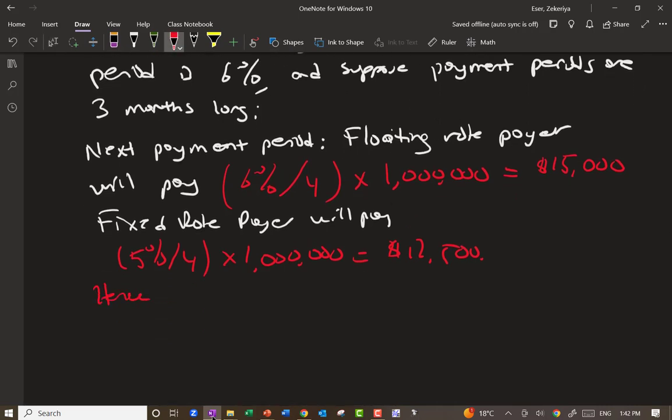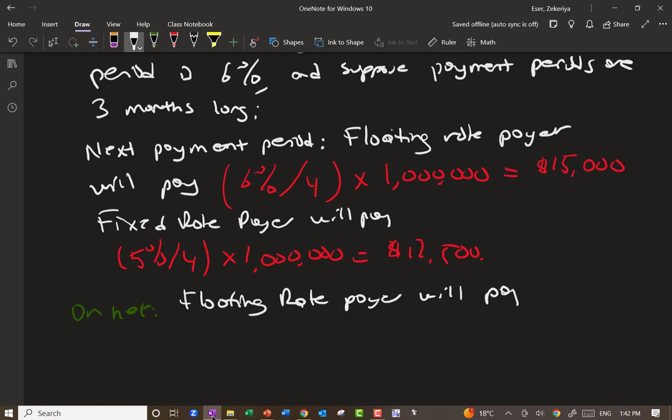Hence, on net, floating rate payers will pay 15,000 minus what they are promised, 12.5. So they pay a net of 2,500.